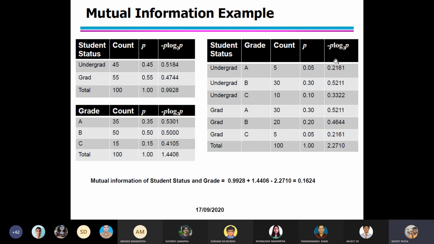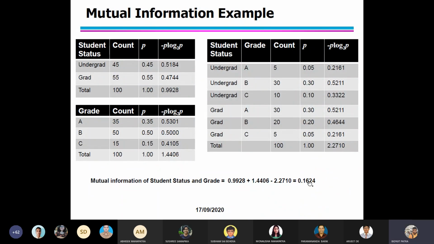And then what is HXY? That is the joint entropy. Now, what is the mutual information of student status and grade? It is the individual entropies minus the joint entropy. That will give you the value.